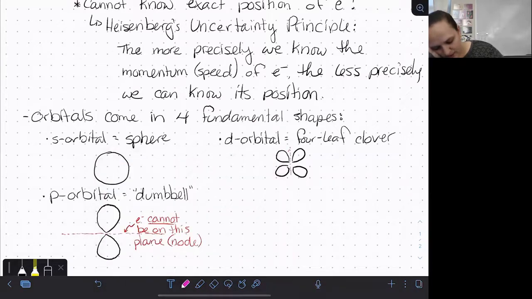We have a plane running vertically and a plane running horizontally where our electrons are not allowed.